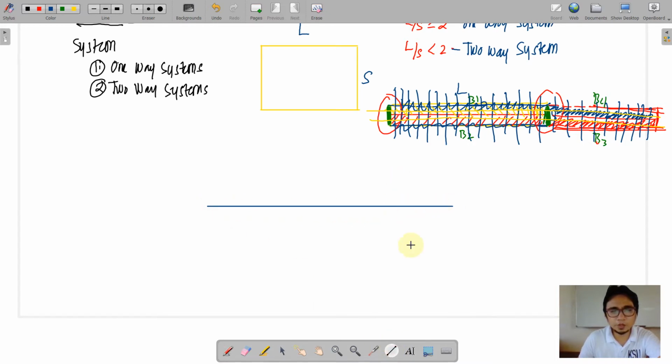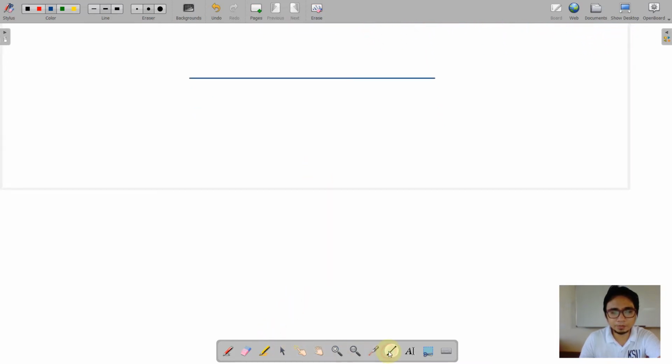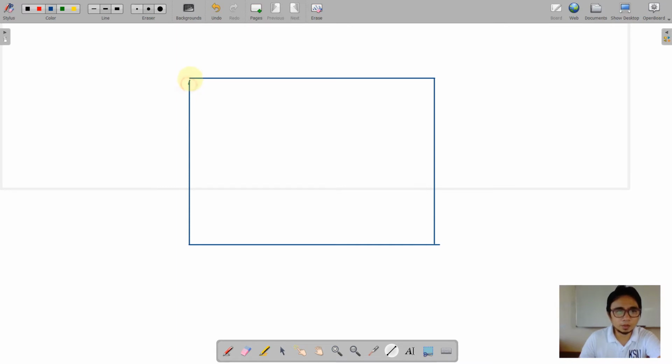So if this is our slab, it looks like a square. It is more of a square shape, but there is a slight difference between the longer and the shorter span.